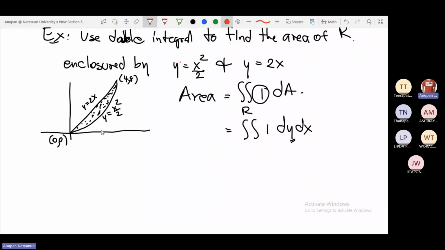So I'm going to fix any x, and then I'm going to draw the vertical line to intersect the area, right? So for this particular x, you can see that your y runs from this point to this point, okay? And this point is on this parabola, and your y equals this, and then y runs to this point, which is a point on the line, where y equals 2x. So your running number for y is going to be from x squared over 2 to 2x, okay?